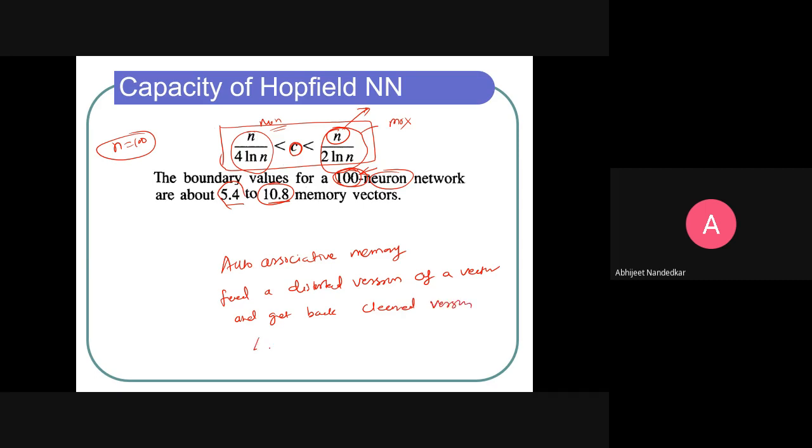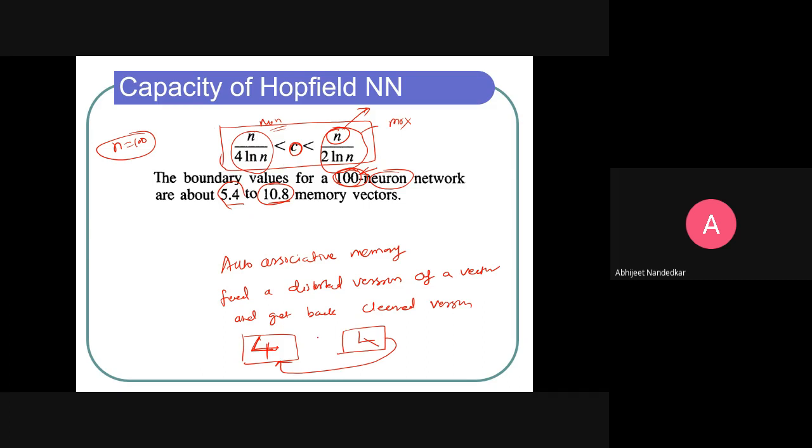Suppose I am saying that this 4 pattern is stored in the network. This is a clean version, and from your environment, suppose you get a distorted version like this. Then when you iterate, your network will come out with the clean stored image.